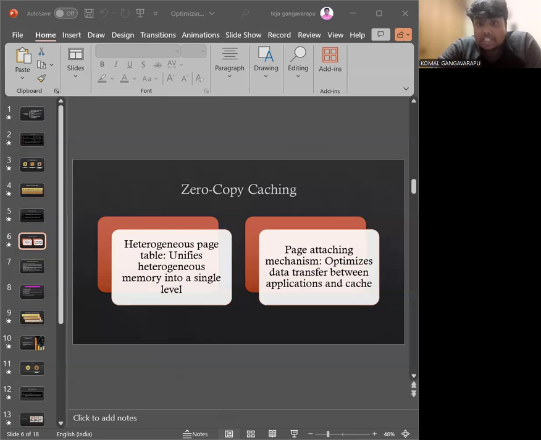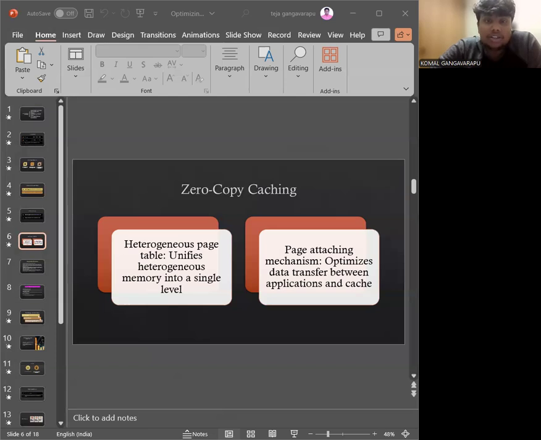The page attaching mechanism in FlatCache attaches application pages directly to the cache without requiring intermediate copying. This direct attachment allows for zero copy data transfers, where data remains in place while being accessed by both the application and the cache. This mechanism drastically reduces the overhead of data synchronization and migration, resulting in faster data access and lower latency.